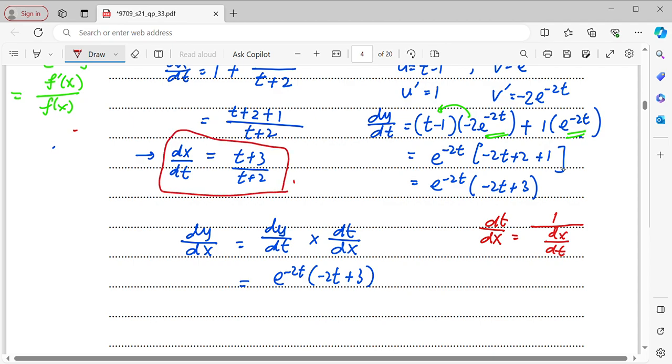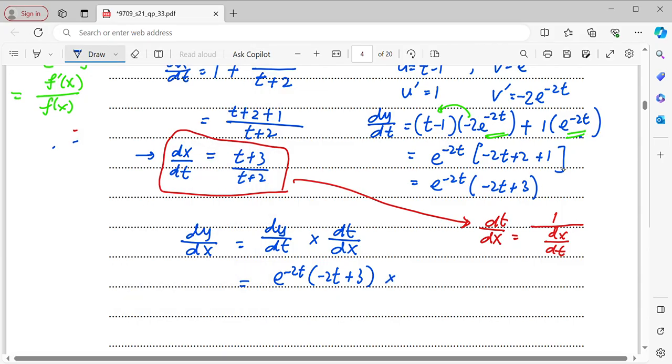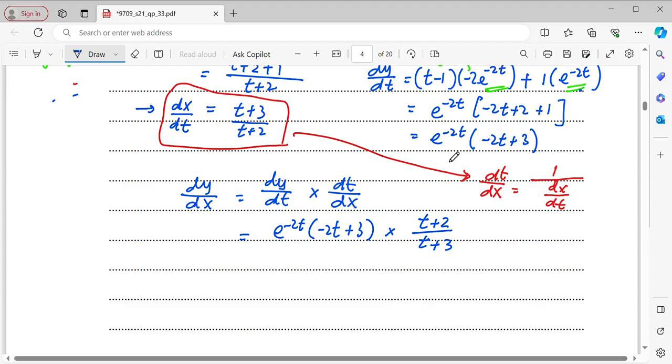Then when you substitute into this formula, you have to interchange the numerator and denominator, which means I will be getting multiplied with (t plus 2) over (t plus 3). Okay, then now I just need to combine all the terms, and that will be my dy/dx. So you will be getting these results.